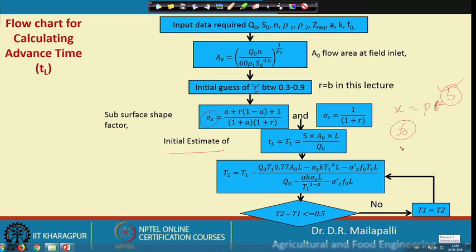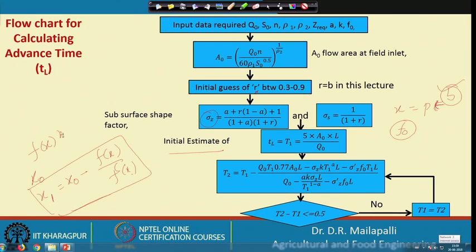In that case you cannot solve the equation directly; you can use numerical techniques like the Newton-Raphson technique. Suppose you have a function f(x) and an initial guess x naught. The new guess x 1 is equal to x naught minus f(x) by f dash (x). This is the Newton-Raphson technique.